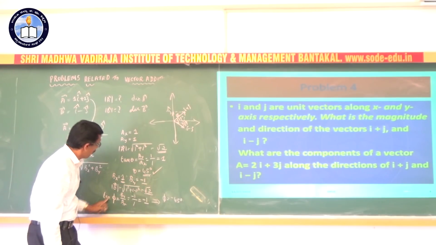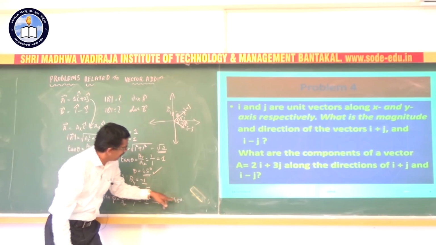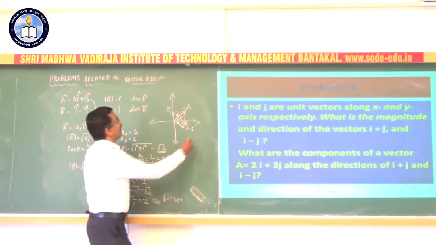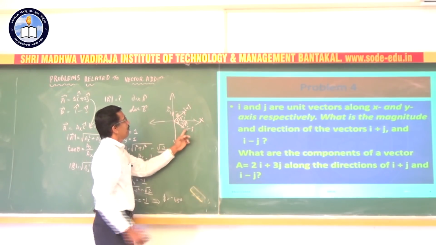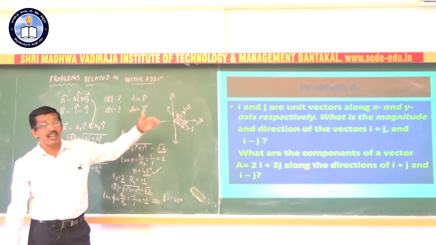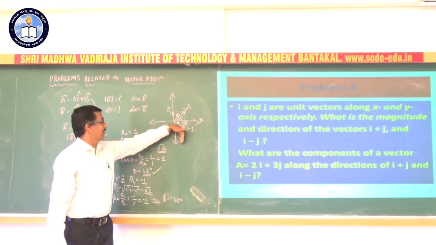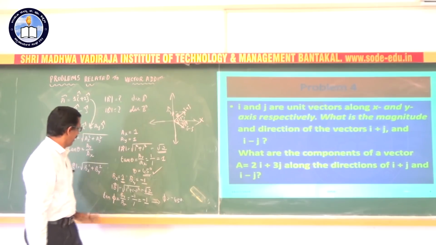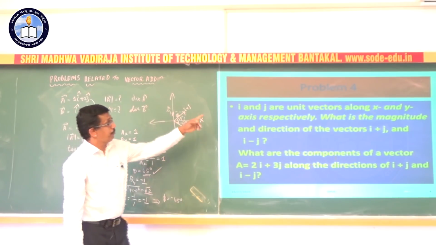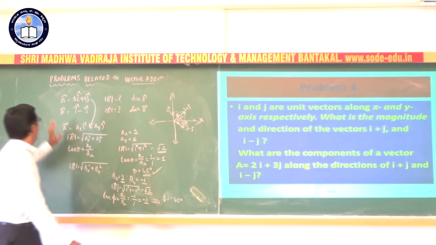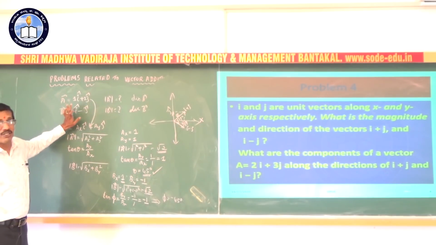Here tan phi is minus 1, phi is minus 45 degree, which implies that with respect to x-axis, i minus j makes an angle of 45 degree in the clockwise direction. This is about the first part, that is the magnitude and direction of i plus j and i minus j.